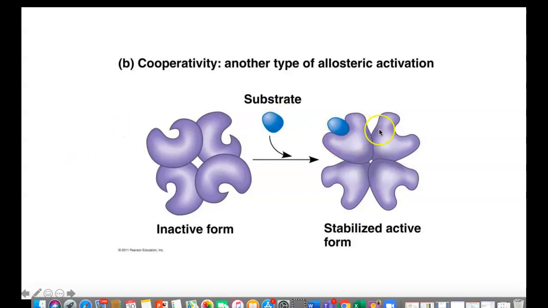So cooperativity would mean the first oxygen binds and it makes the second oxygen bind quicker, which makes the third one bind quicker and the fourth one bind quicker. Each oxygen that binds increases the affinity of this enzyme to another oxygen. And what that ensures is that all the active sites are saturated before, let's say this is hemoglobin, before it leaves the lungs. So it's for efficiency.